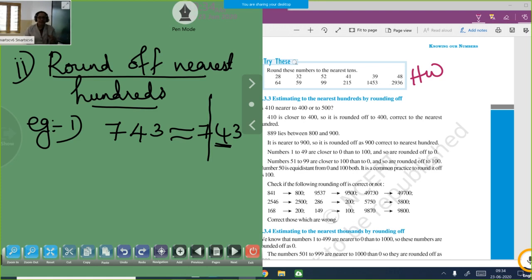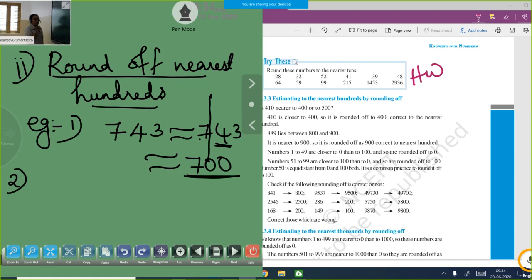If the tens digit is 5 or more than 5, the hundreds digit is changing, otherwise no change. What is the tens digit here? 4, less than 5. So the hundreds place is not changing. 700 is the answer.